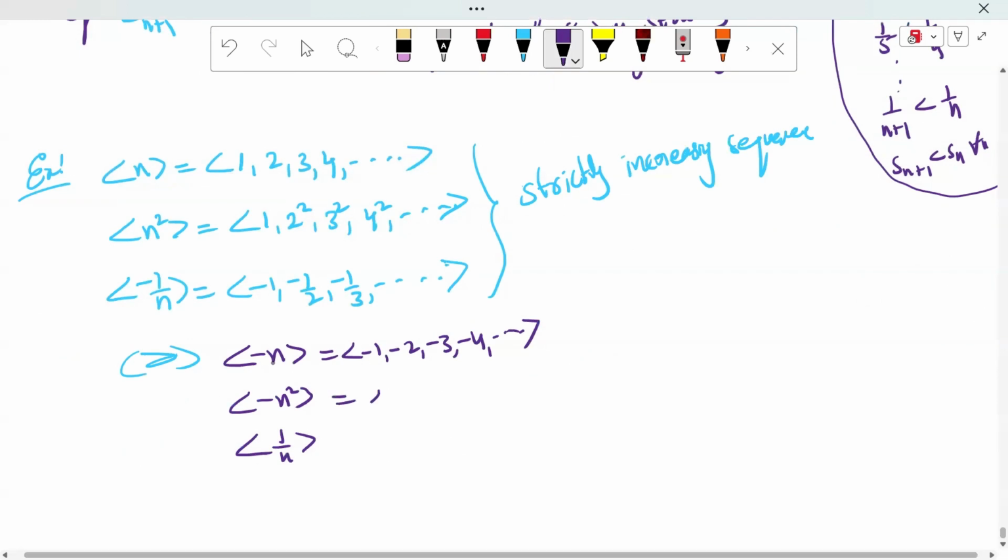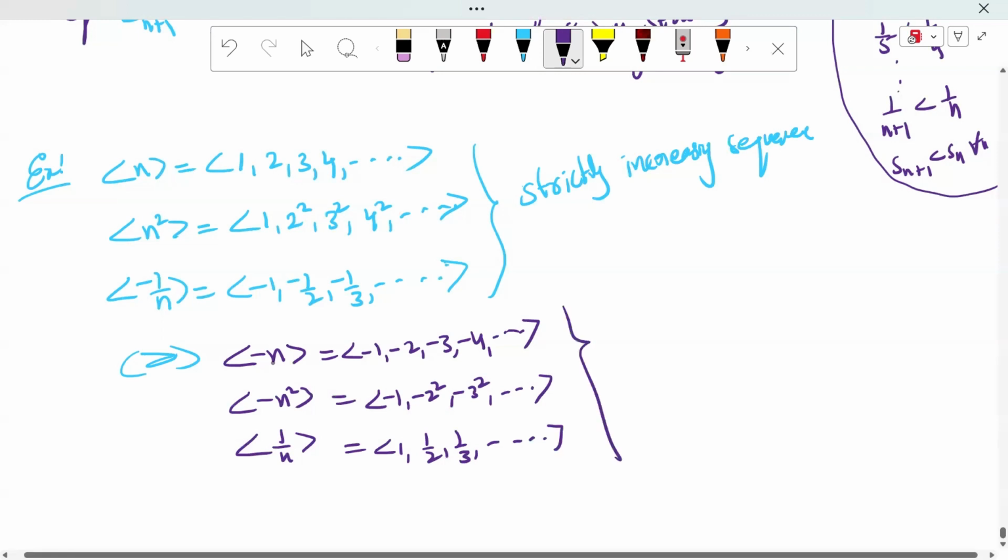It is minus 1, minus 2 square, minus 3 square, and so on. It is 1, 1 by 2, 1 by 3, and so on. These are strictly decreasing sequences, or monotonic decreasing sequences.